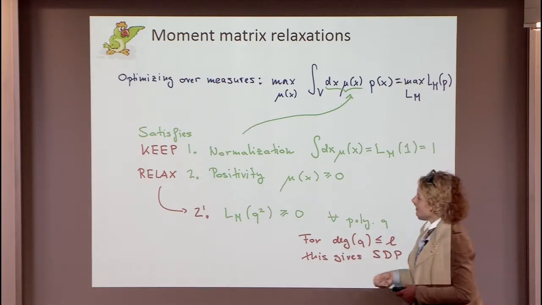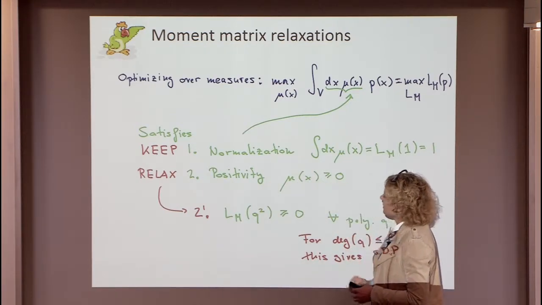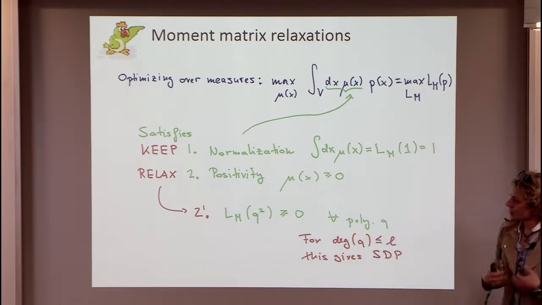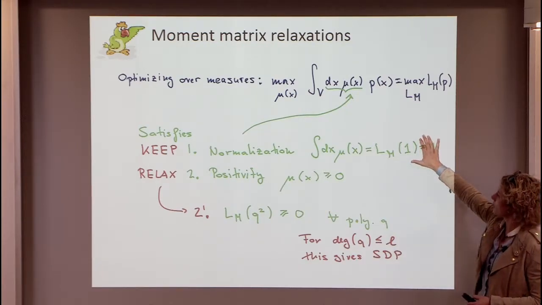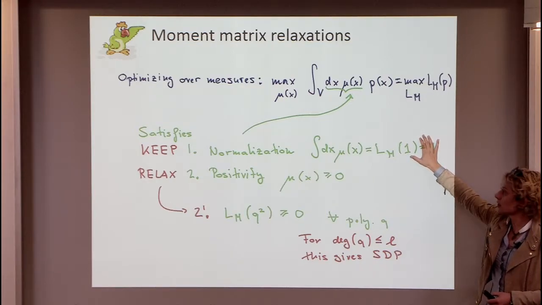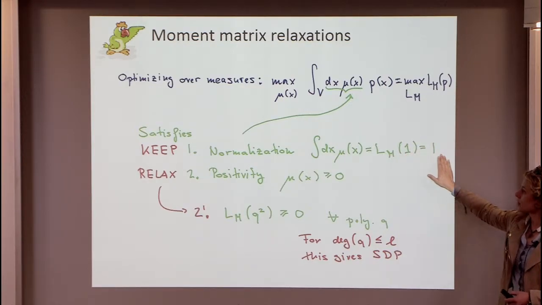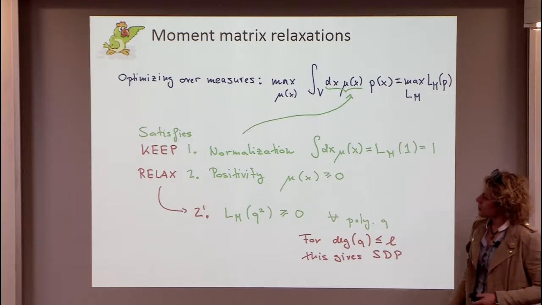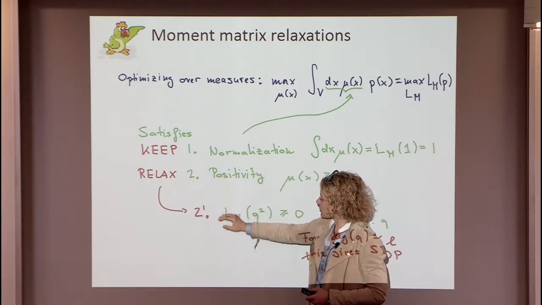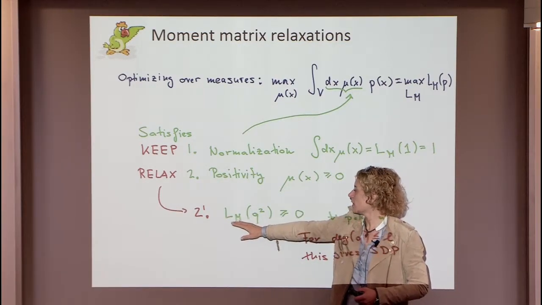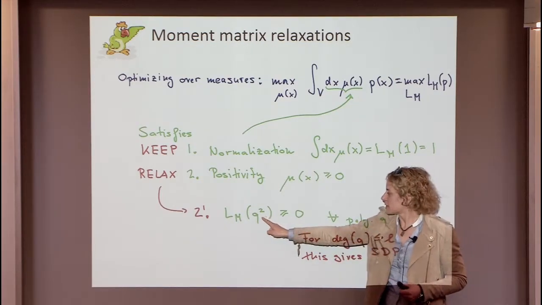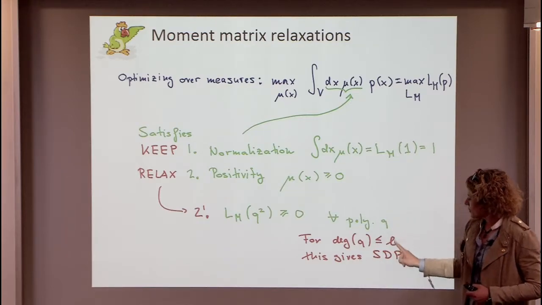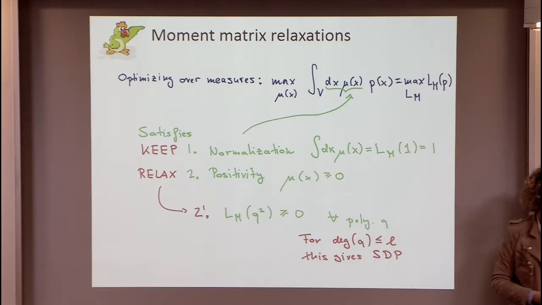And of course, the next thing that I want is that these things are positive. The idea about forming these relaxations is to now keep one. So we're going to keep this normalization constraint: we demand that on the constant function I evaluate to 1. But here I'm going to relax the positivity constraint, and I demand that I'm only positive when evaluated at squares of polynomials that have a certain degree, L. Of course it depends a bit what L is.